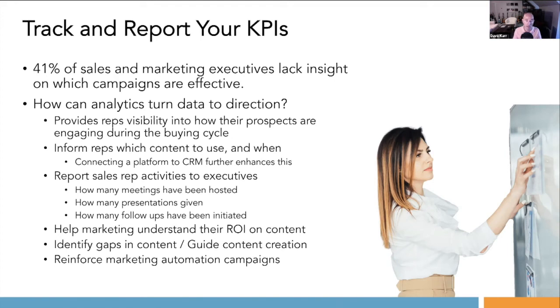So understanding that content ROI is huge. And also from that marketing perspective, identifying gaps in content. So seeing things like search data inside of a sales enablement system can help marketers understand, hey, are our salespeople looking for things or searching for things that we don't have?